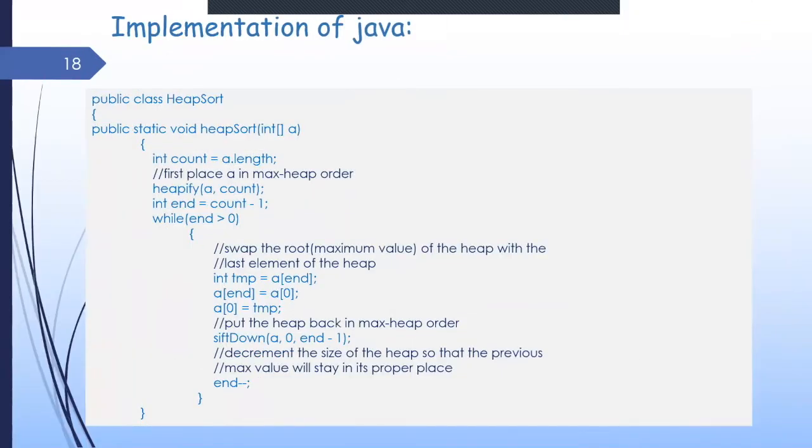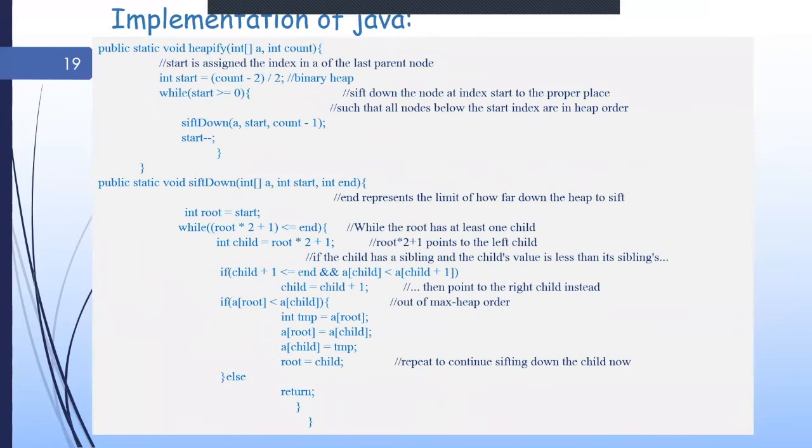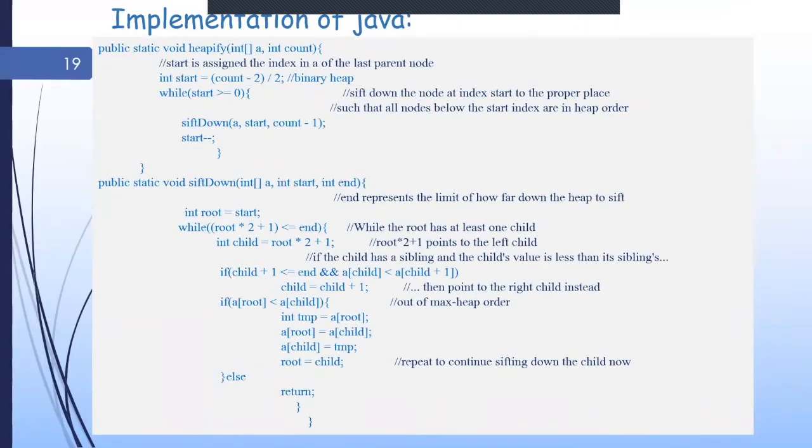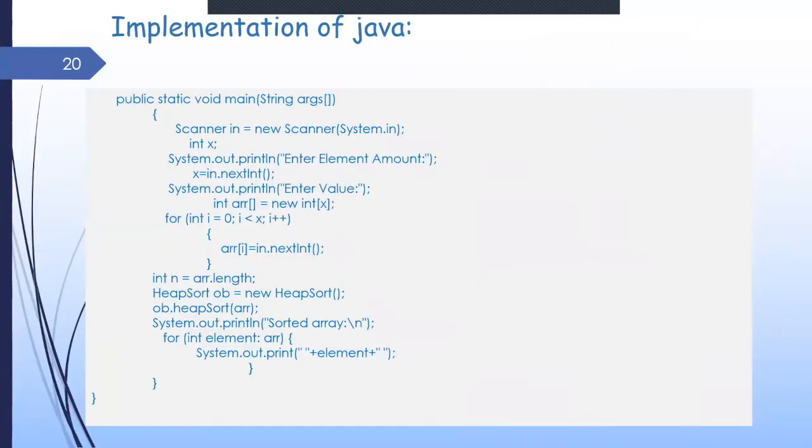Implementation in Java. Here are three functions. First function heap sort, which sorts an unordered array, and the second function is heapify, which makes the heap, and the last function is shift down, and the main function calls all the functions.